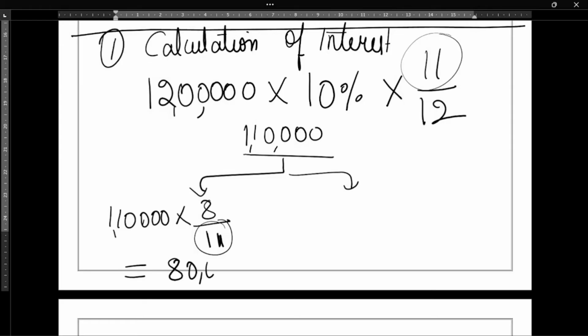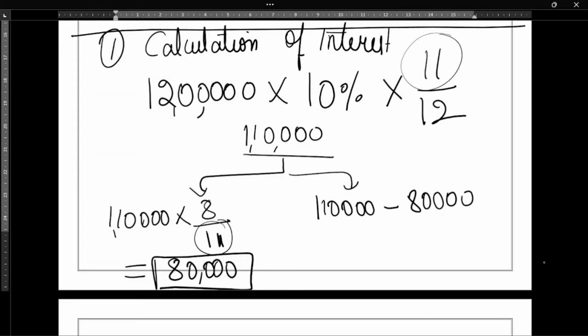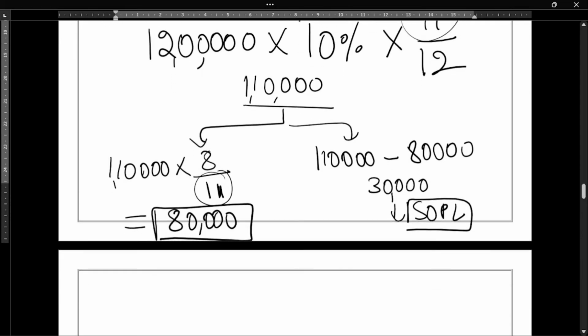So only 80,000 of the interest will be capitalized. The remaining amount, 1,10,000 minus 80,000, that is 30,000, will go to the SOPL, the statement of profit or loss.